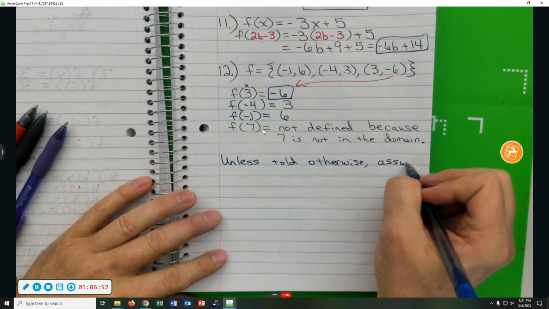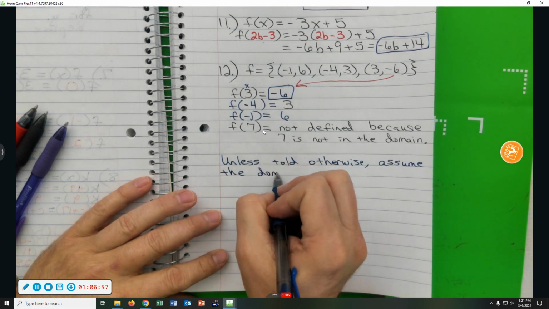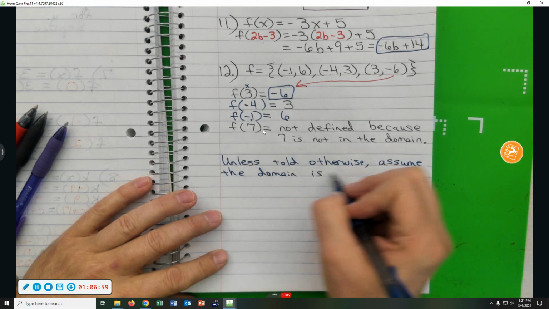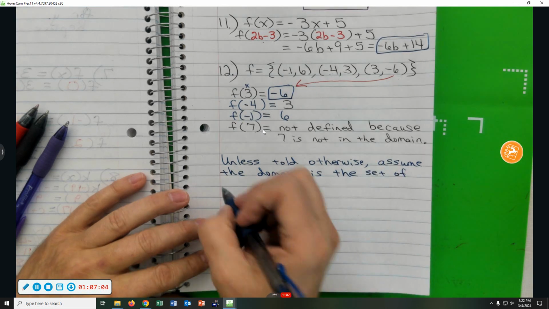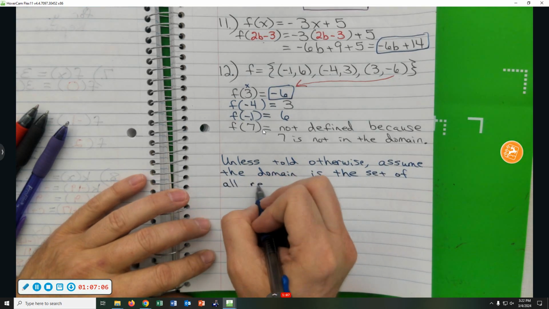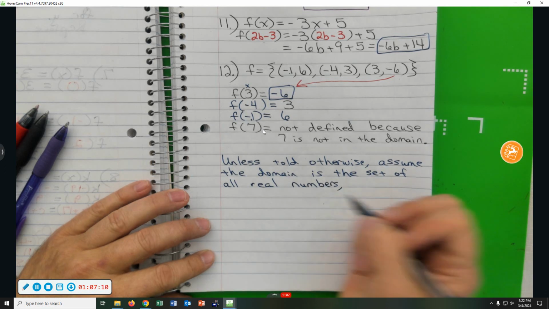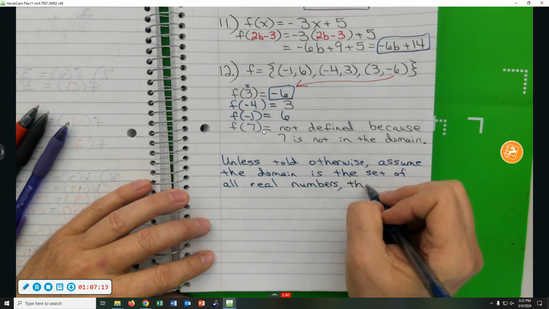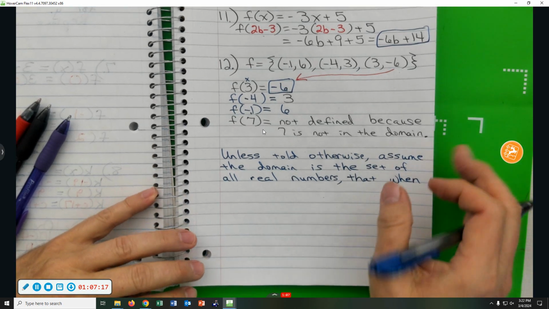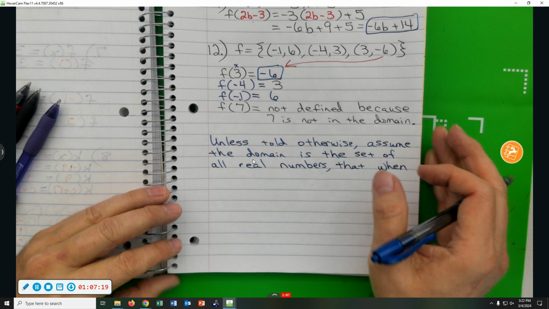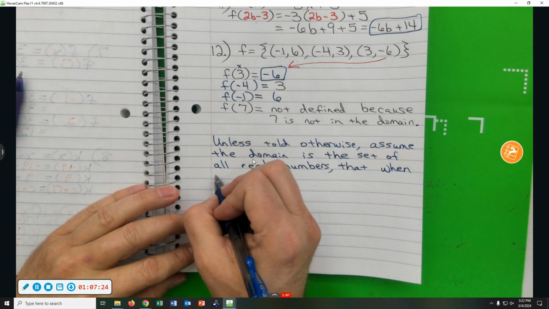assume the domain is the set of all real numbers that, when plugged in for x, oh, that sounds so sloppy. Maybe I should say substituted for x.